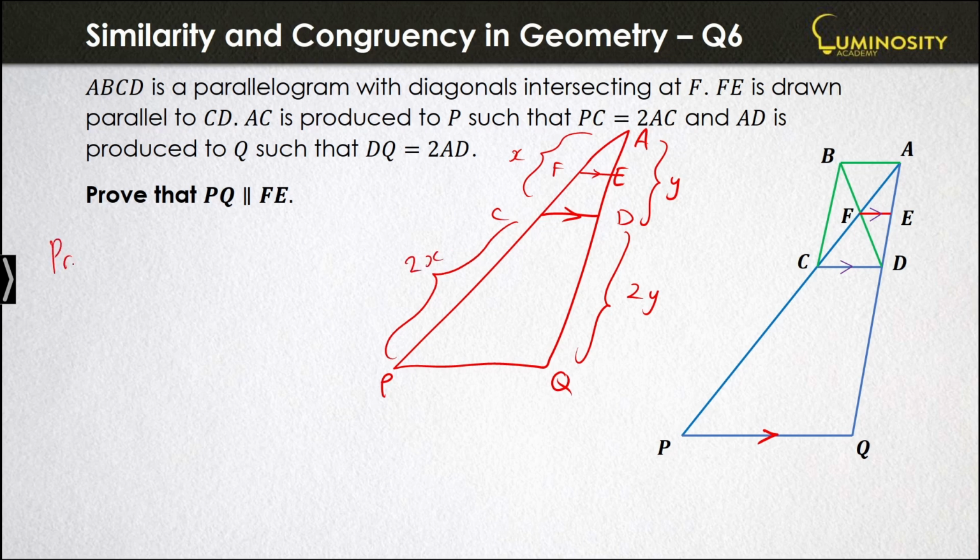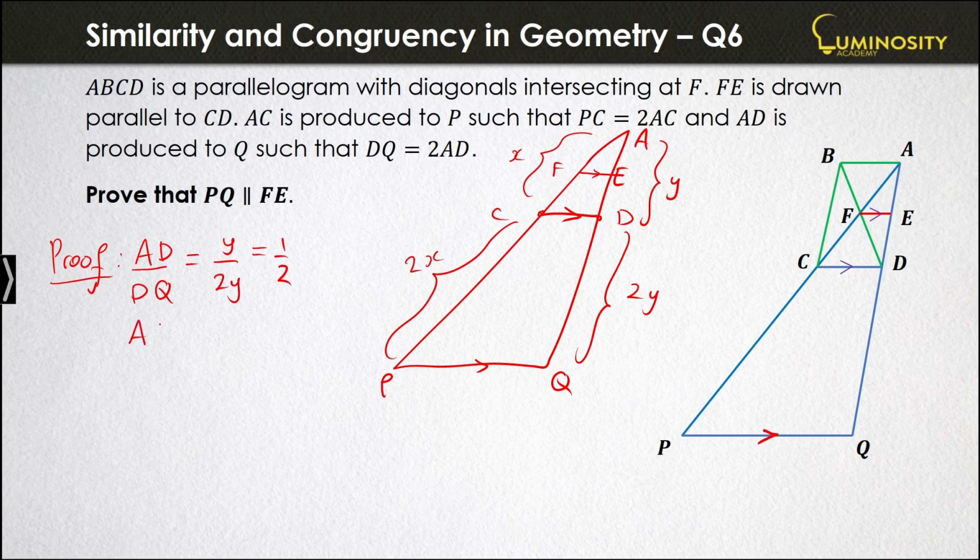So I can show my proof that they are parallel by using the converse of the proportionality theorem. Recall, the converse of the proportionality theorem says that if you have two sides of a triangle, where a line is drawn that cuts those sides into equal proportions, then that line must be parallel to the third side, in this case PQ. So if I look at this proportion here, AD divided by DQ, that's going to give me y over 2y, which is equal to a half.